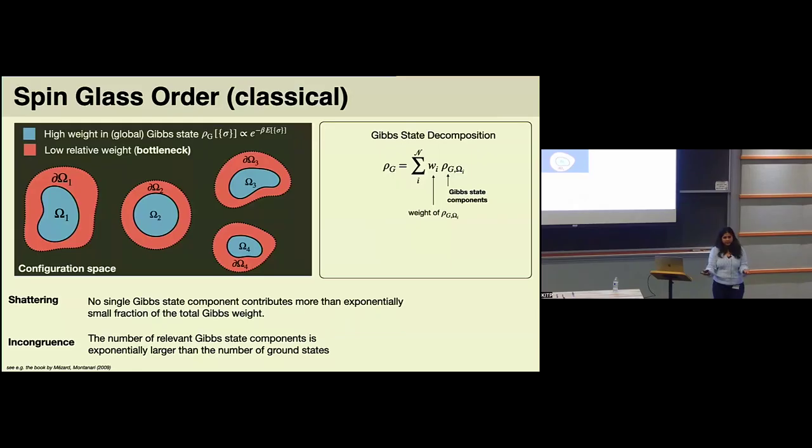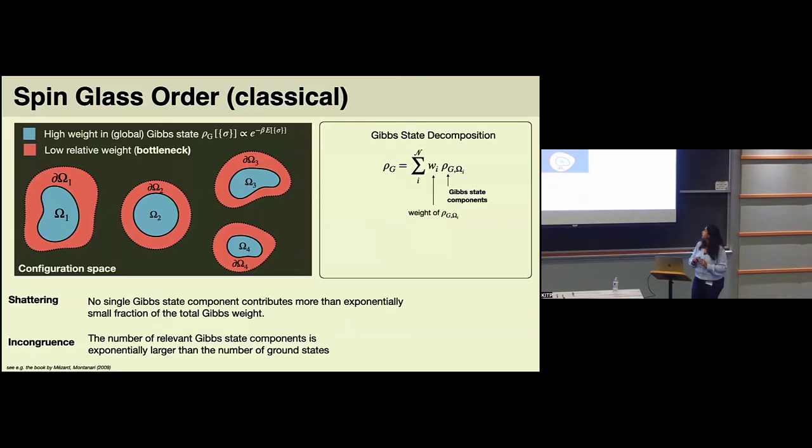In the most general case, you can have many, many components, or many Gibbs states, and these Gibbs states need not be structurally similar, they need not be related by the action of any symmetries in the problem. Now you can take your global Gibbs state, e to the minus beta H, and write it as a sum of these many bottlenecked components, with these weights w_i. And these weights basically have to sum to 1 up to some tiny error.